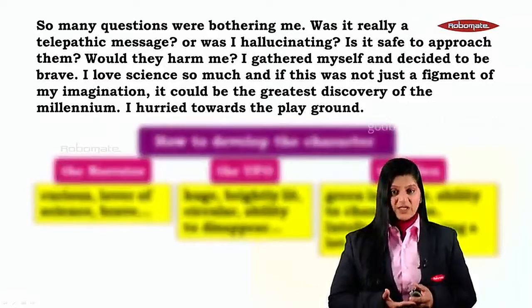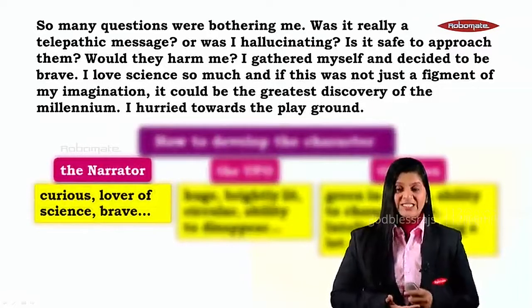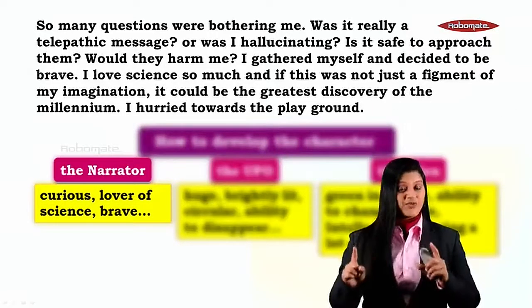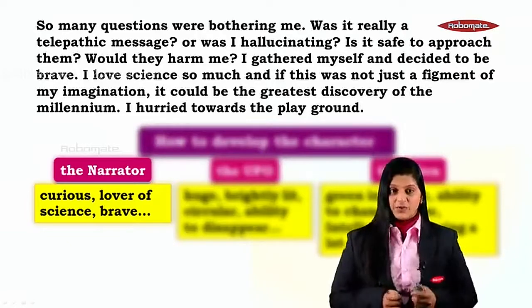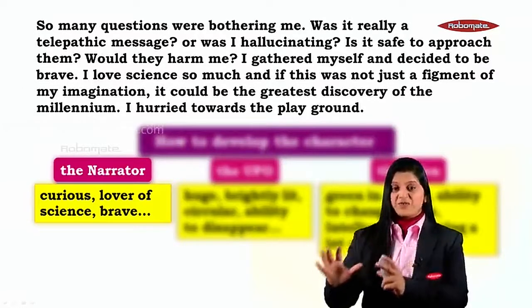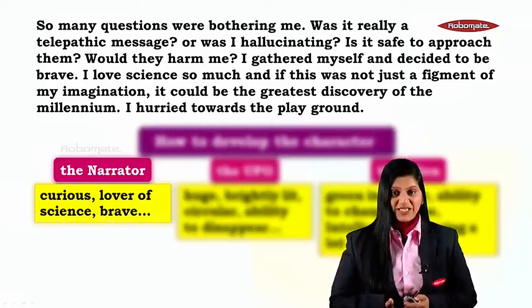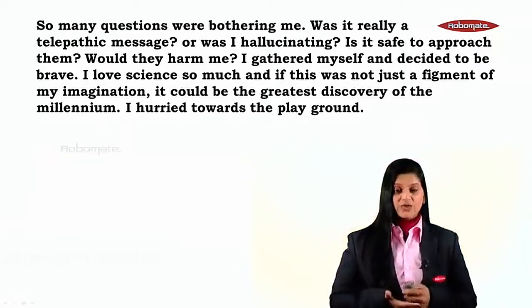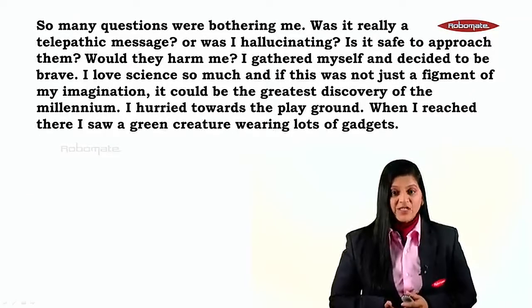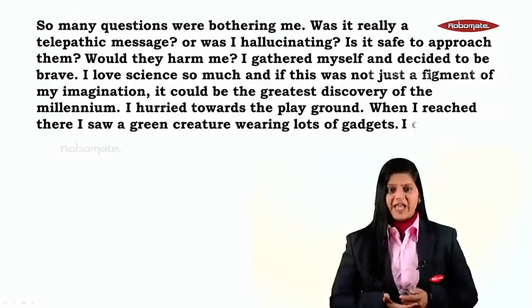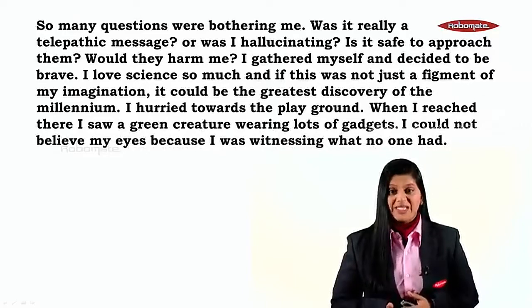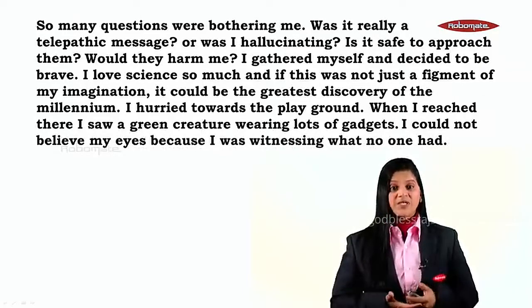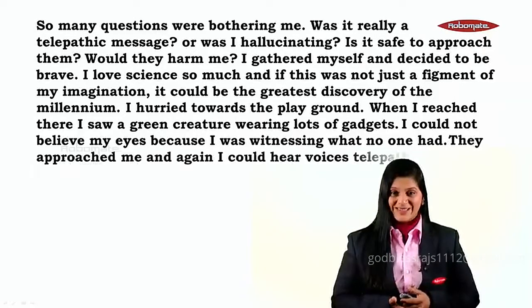Now, if you observe over here, it is the narrator's description that we had created that has been used. So we have got our material from the basics that we had created. Next, let's see how the story develops. "When I reached there, I saw a green creature wearing lots of gadgets. I could not believe my eyes because I was witnessing what no one had.